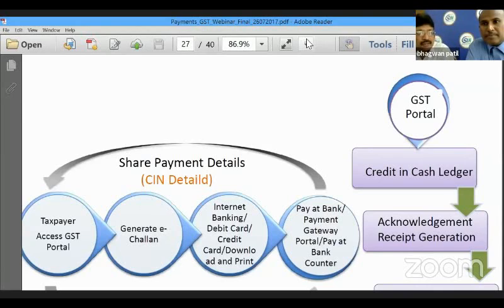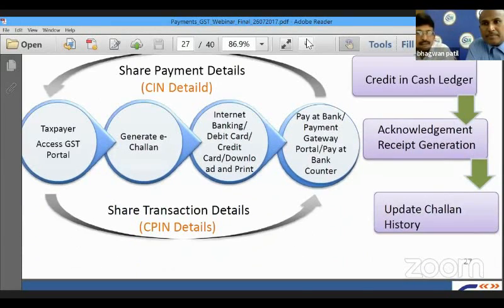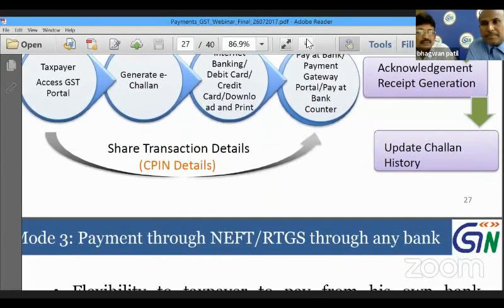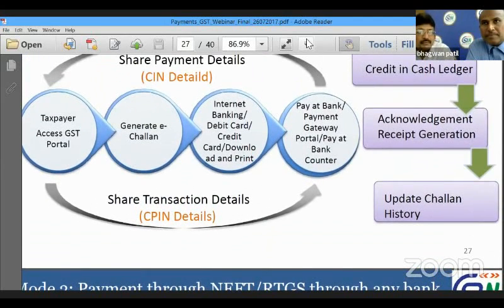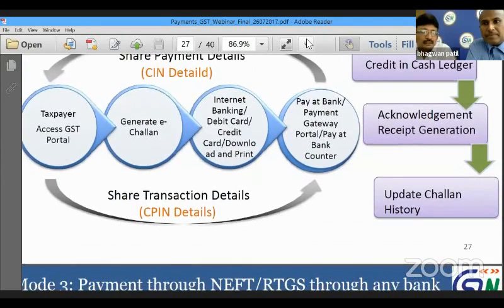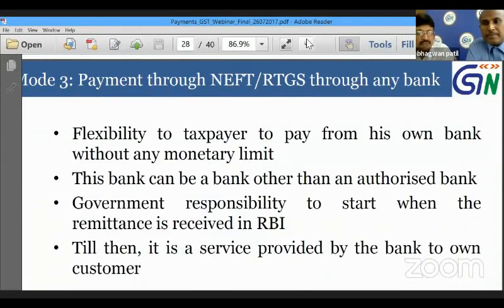But you need not worry, because CIN has been generated and your amount has been debited. So after the end of day, after 8 p.m., during reconciliation, the GSTN will be in a position to get the detail of the transaction, and the status of your challan will be changed to paid.